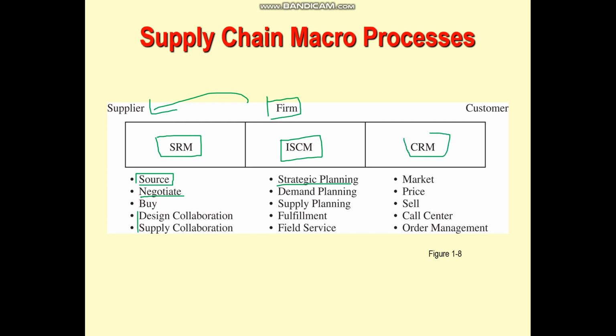And in the third one, customer relationship management, they manage the activities between the firm, the business, and the customer. Here they try to fulfill the requirements of the customer, manage the orders, and control the orders. And also they do promotion and advertisement to attract more customers.